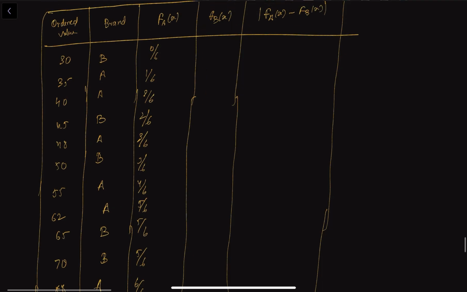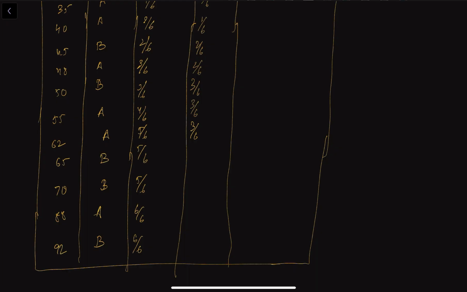In the same way for F of B, it is 1 by 6, 1 by 6, 1 by 6, 2 by 6, 2 by 6, 3 by 6, 3 by 6, and again 3 by 6 where it's A. And for B, it is 4 by 6, 5 by 6, and then it will still be 5 by 6 and 6 by 6.